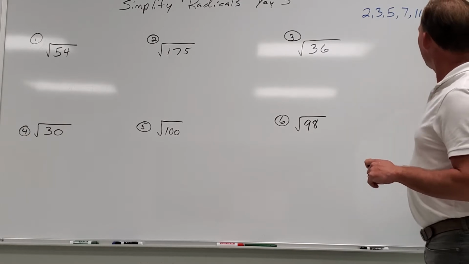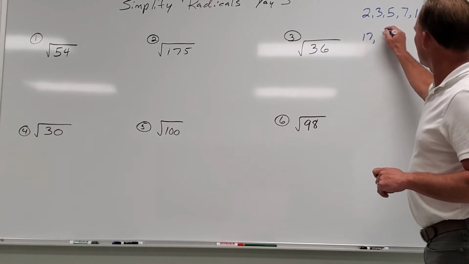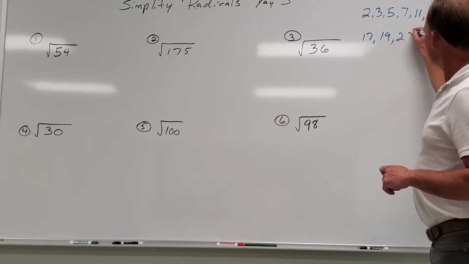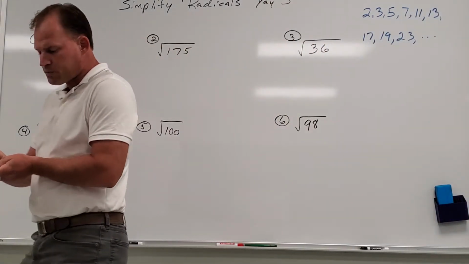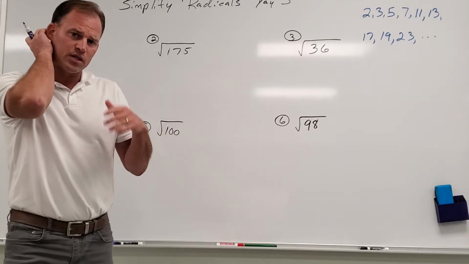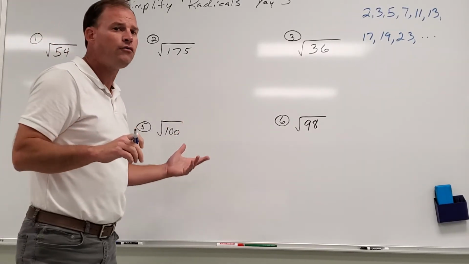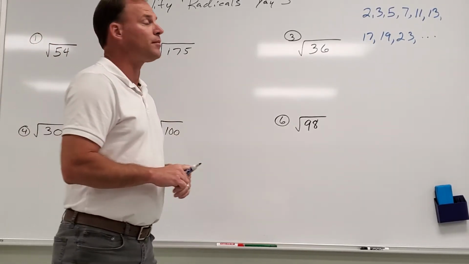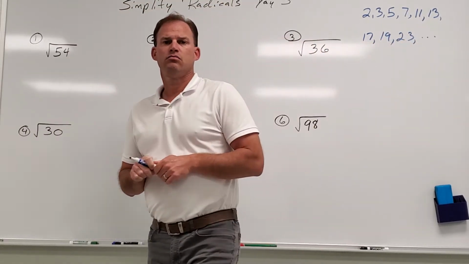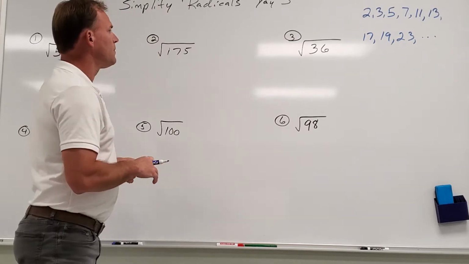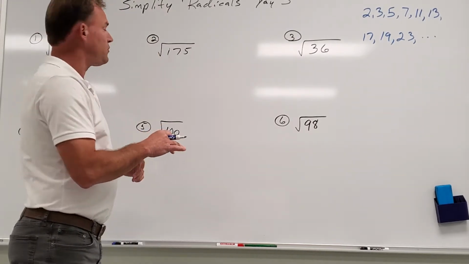I haven't really hit a lot of those bigger ones much because we want to make sure we get the hang of this, but you get the idea here. So remember, a prime number is a number that's only divisible by 1 and itself. So technically 1 is not a prime number. 2 is the only even prime number. And there you go. You have the list on Classroom if you need it.